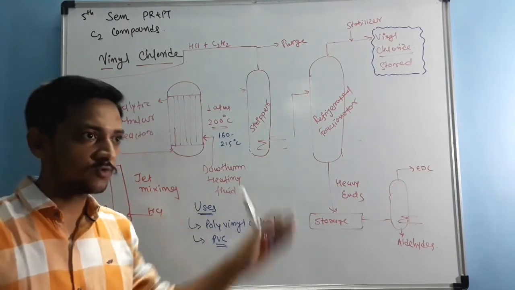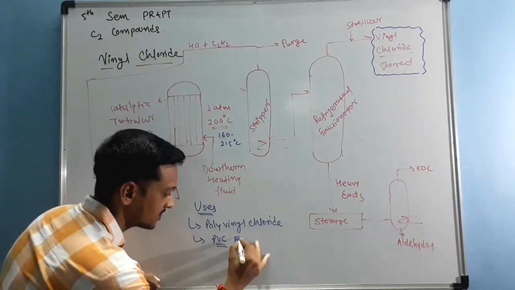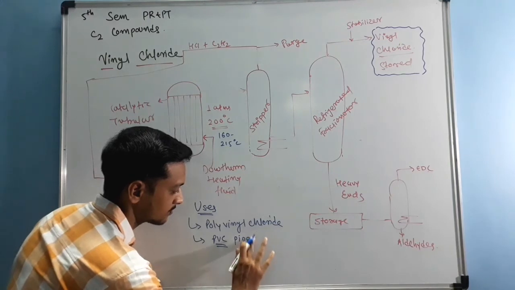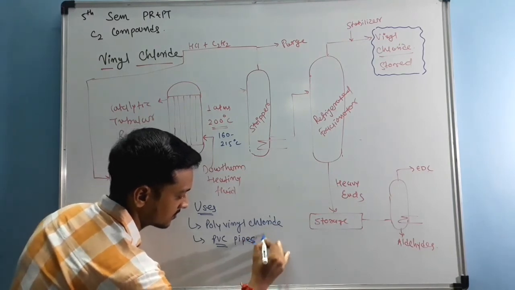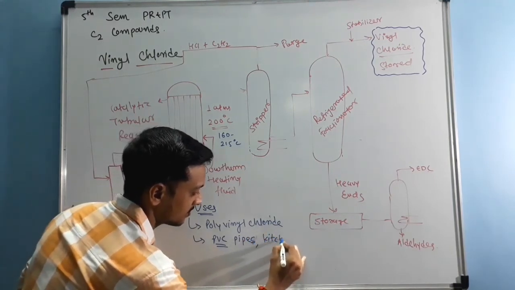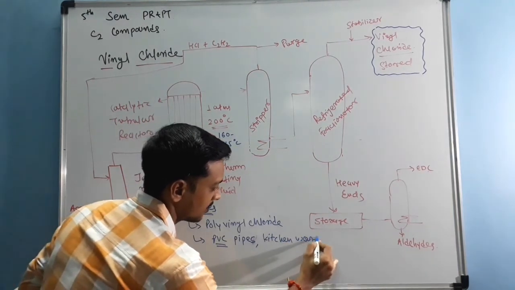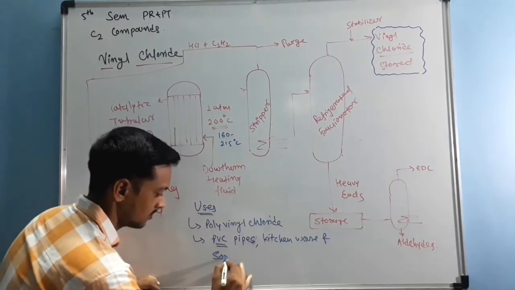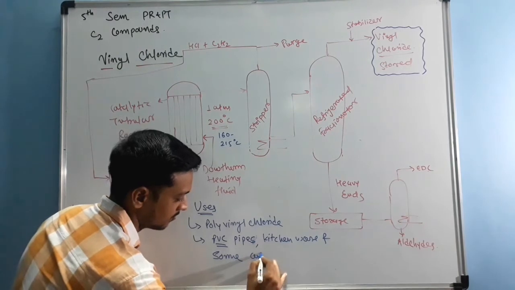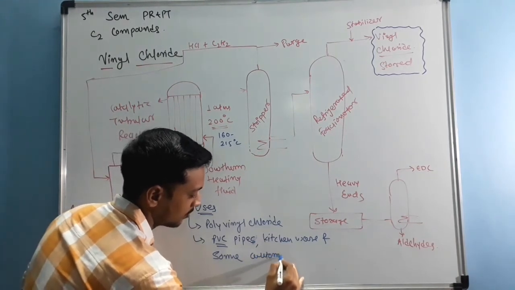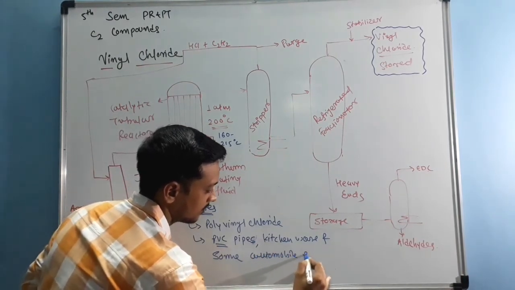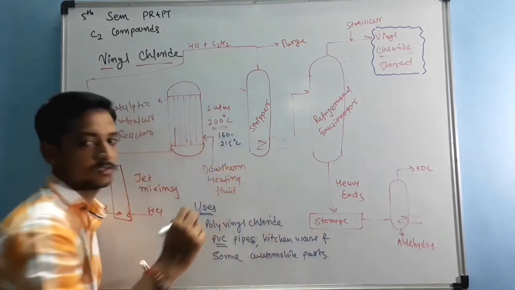So it is used for making PVC pipes, kitchenware and some automobile parts.